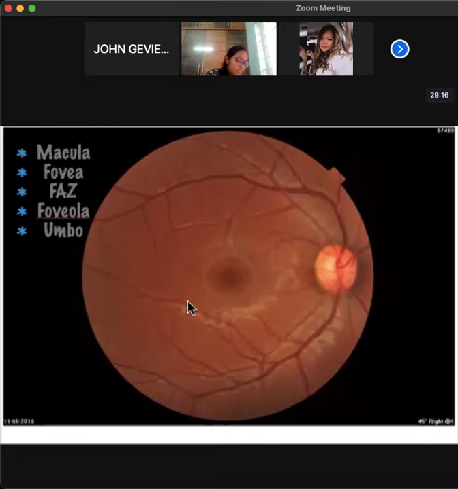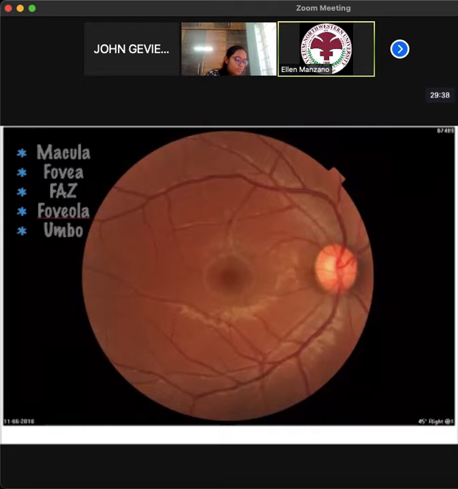So usually cones. Cones are abundant on the macula or the FAZ or fovea compared to the rods, which are very abundant on the periphery.